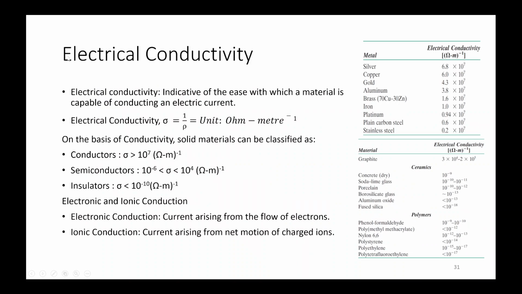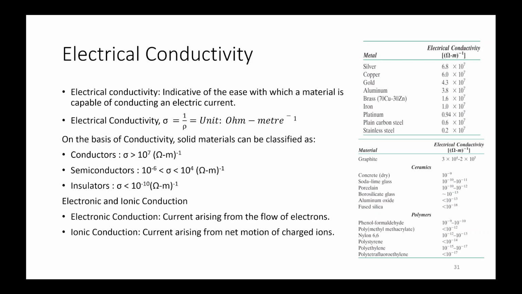Now electrical conductivity is another property. Electrical conductivity is indicative of the ease with which a material is capable of conducting an electric current. It is simply the inverse of resistivity, so the unit will also be inverse: ohm meter inverse. On the basis of conductivity, solid materials can be classified as conductors, semiconductors and insulators.